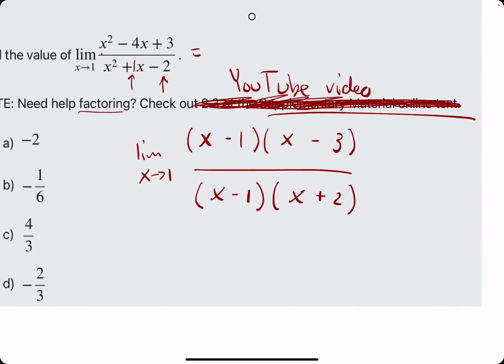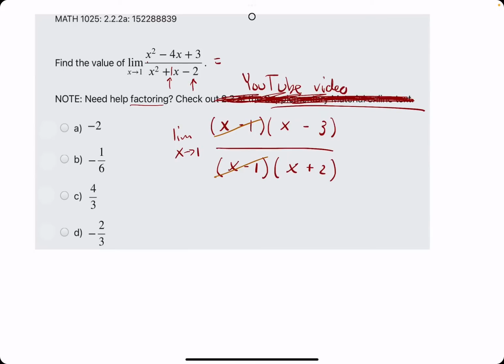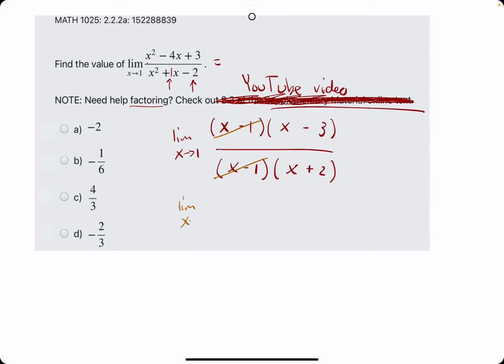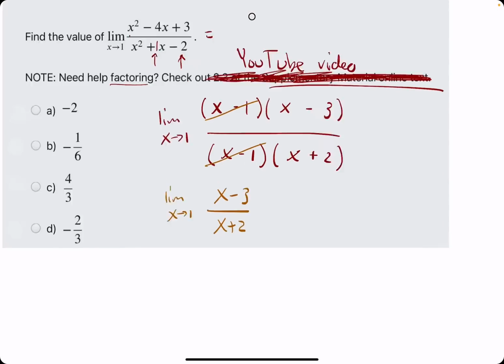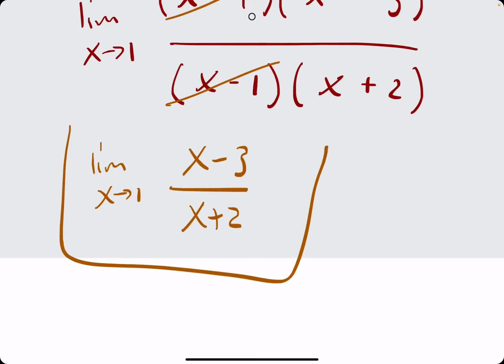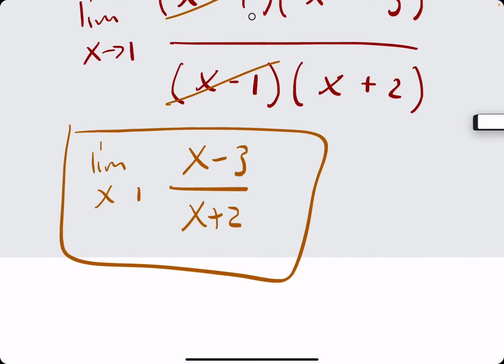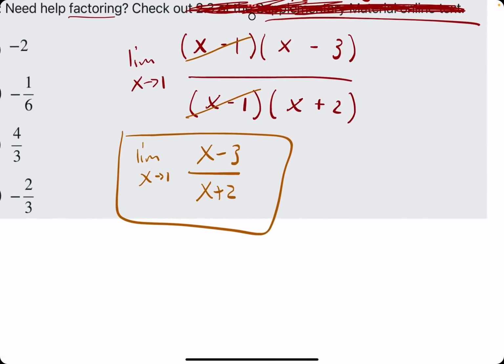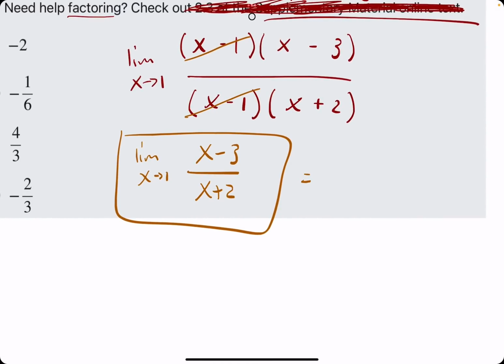Now in the numerator and denominator, we'll cancel out any factors that we see in common. What we're left with is the limit as x approaches 1 of (x - 3)/(x + 2). Usually when you see a limit, the first thing we do to evaluate is plug in x equals 1.